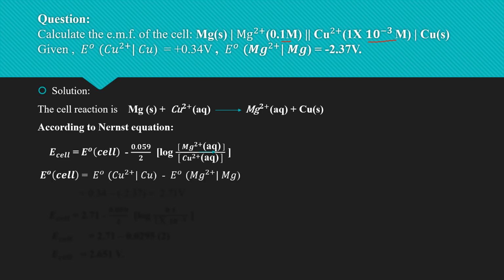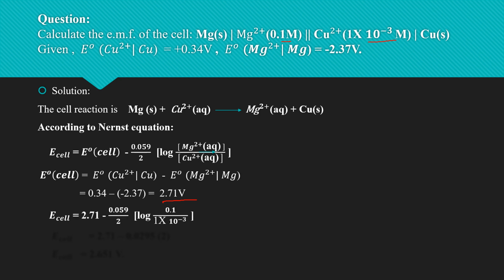E naught of cell will be equal to E naught of cathode minus E naught of anode, that is E naught of copper minus E naught of magnesium, the standard values. So the standard electrode potential of the cell comes to be positive 2.71 volt.